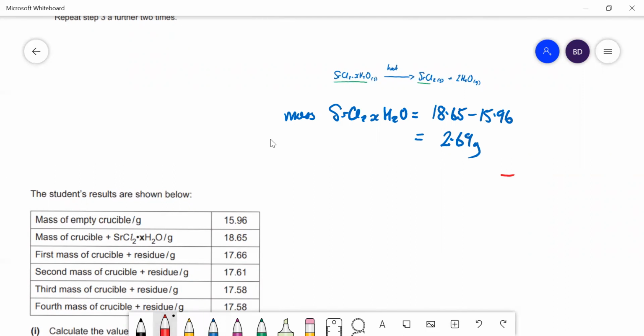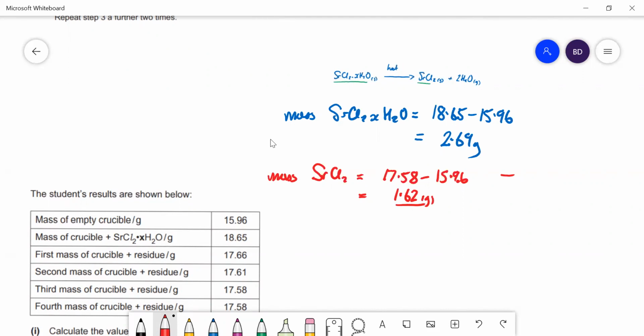Let's do the mass of the anhydrous stuff. That's going to be 17.58 minus 15.96, the empty crucible. That gives us 1.62 grams of the anhydrous stuff.